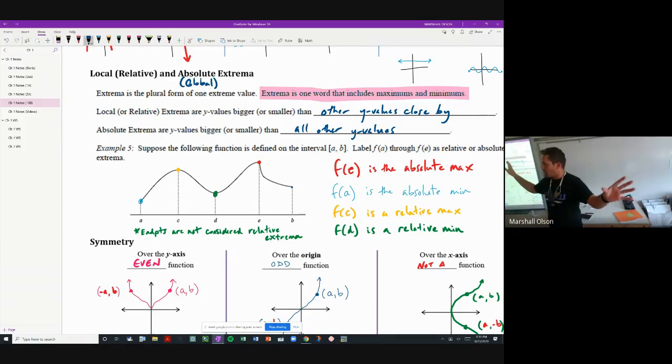However, if I said, list all the local maximums here, you would include f of e as a local maximum because it could also be considered one. Does that make sense? It's getting kind of picky, but I want to make sure you're okay with that. Yes, a local maximum can also be the absolute or global maximum.